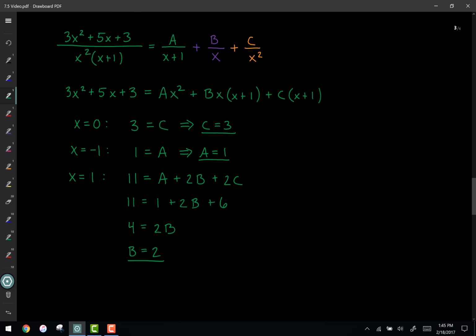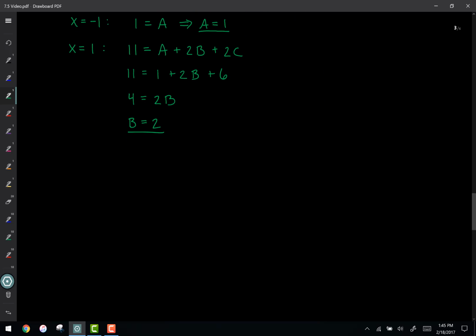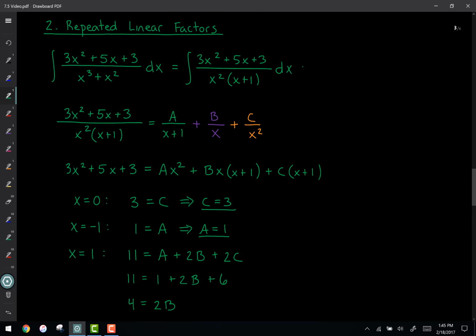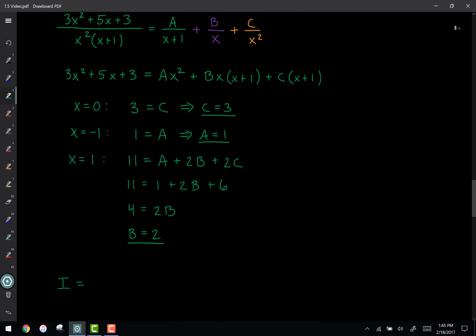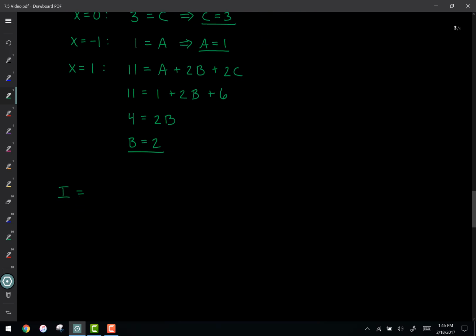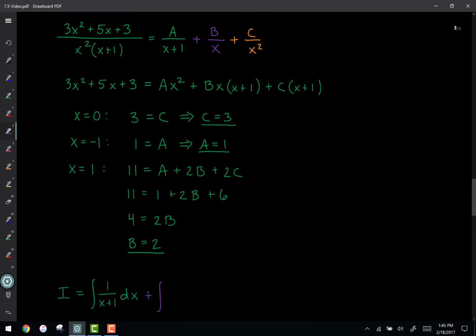So we figured out what a, b, and c are, so now we're good to go. Our integral, which I don't want to rewrite, we'll just call it I. So our integral I is equal to, what did we have? The integral of a over x plus 1, so the integral of a, which was 1, over x plus 1 dx, plus the integral of b divided by x.